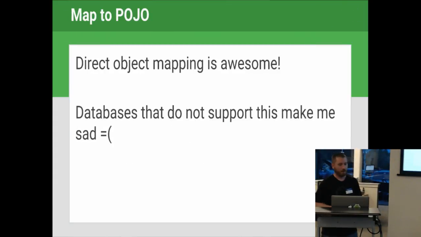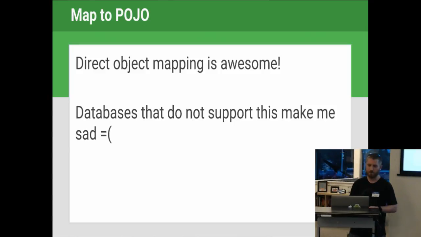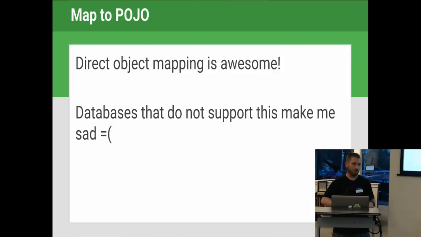And this is Java specific, but you can correlate this to other languages. Mapping to POJO, and POJO stands for plain old Java object. So the idea is that you have your classes with some data in them, and you don't want to have to deal with the work of, okay, I want this string and this integer and this double.